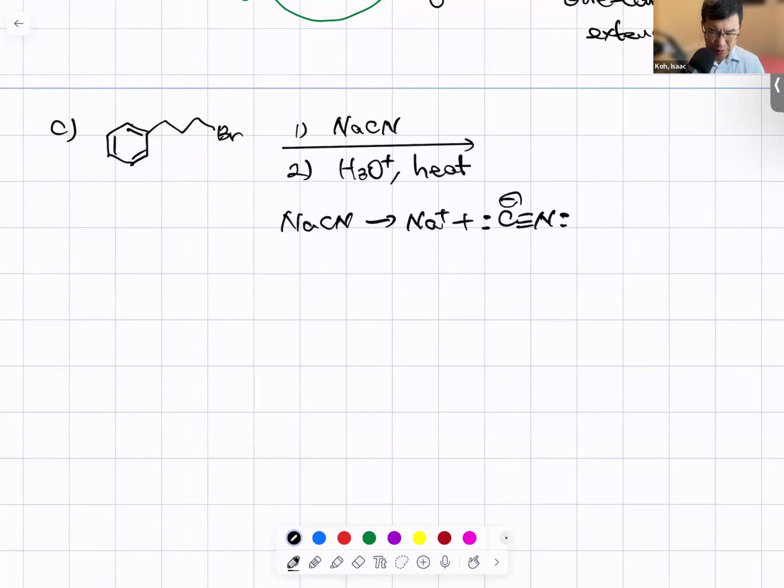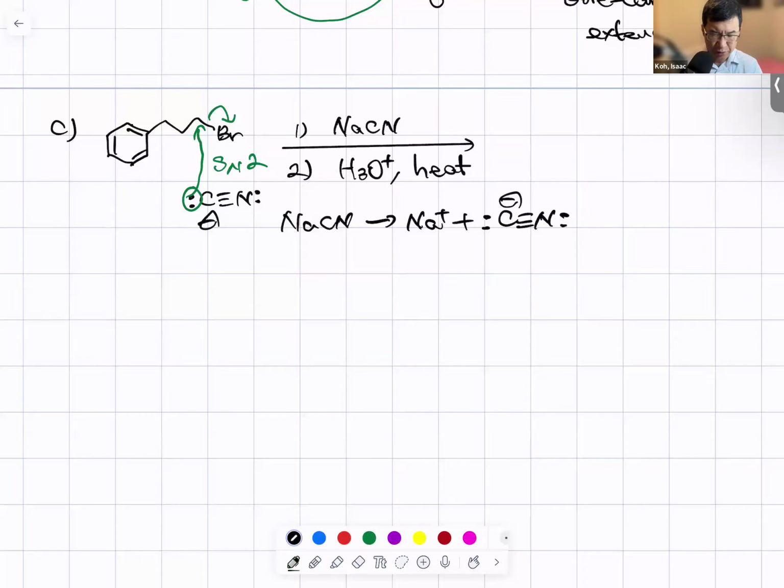In cyanide, both carbon and nitrogen have a lone pair, but carbon has the negative charge. So carbon will be functioning as a nucleophile. The lone pair of the carbon will attack this one and bromine will be leaving. So this is an SN2 reaction.